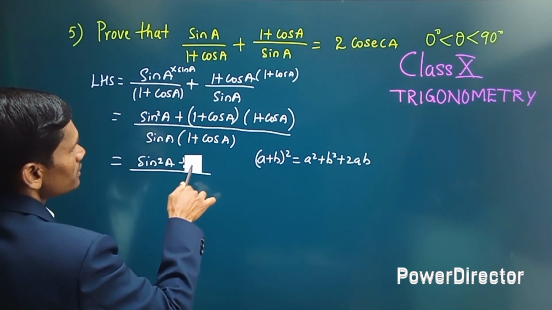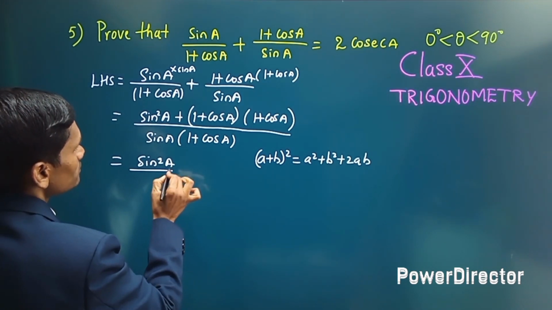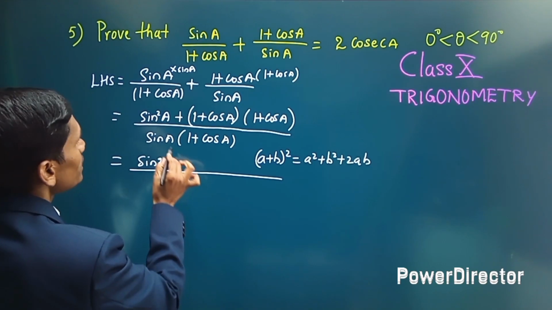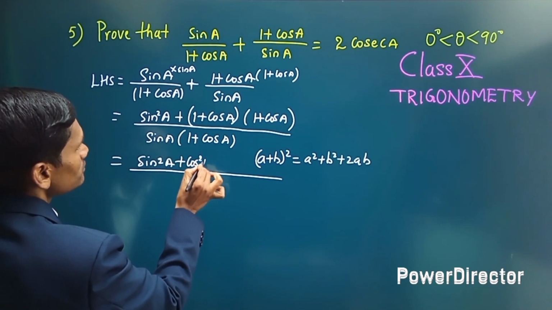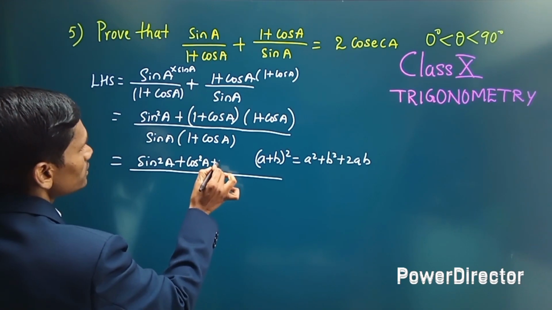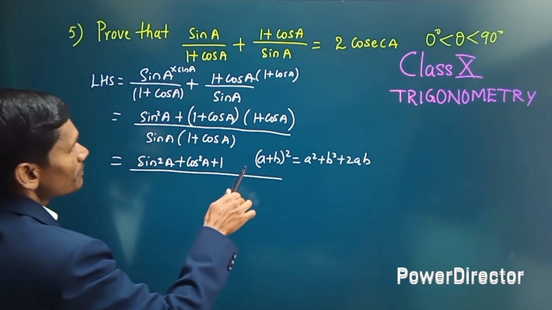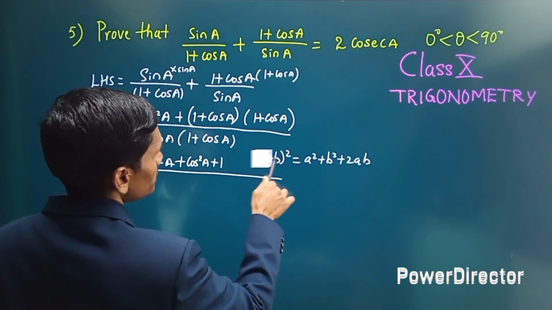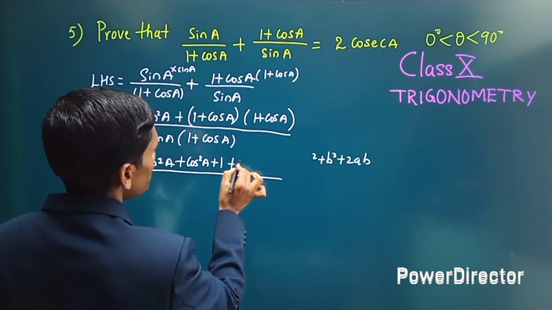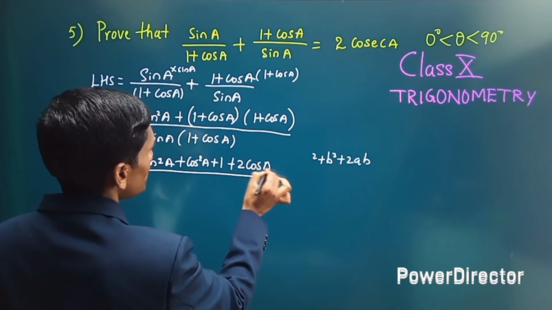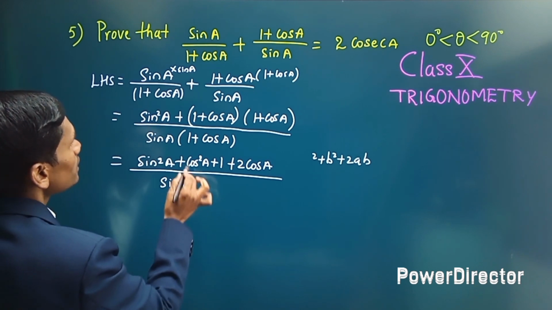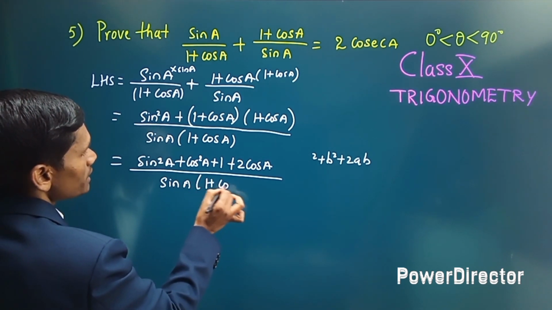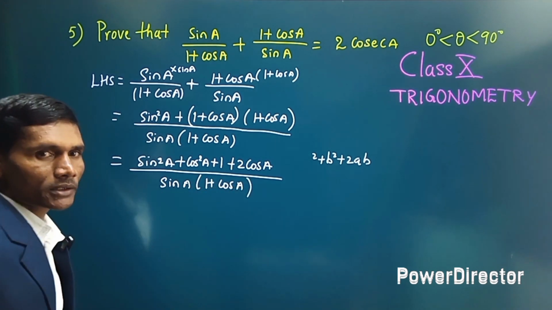This becomes sin square A as it is, plus cos square A, plus 1, and plus 2 cos A, divided by sin A into (1 plus cos A), right?